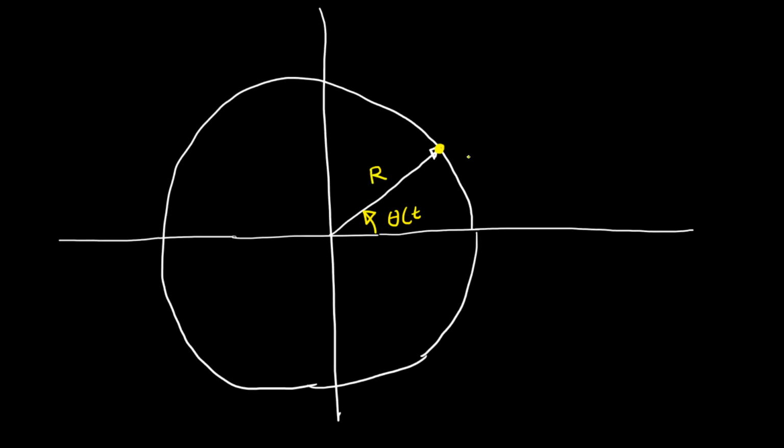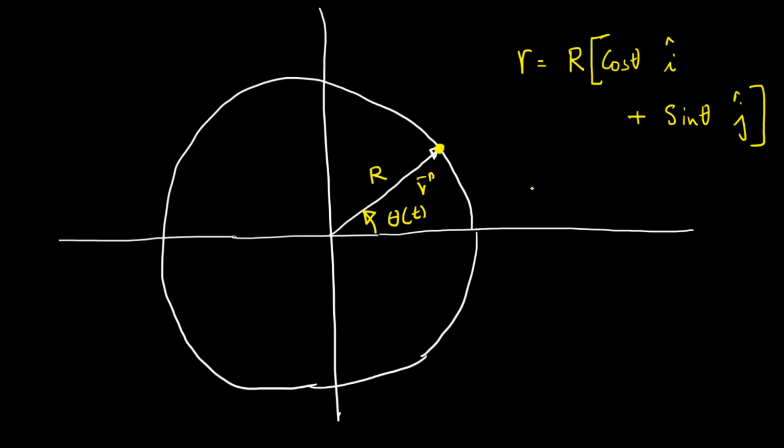So I'm going to write the position vector r pretty comfortably. So r is going to be r at that instant cos theta i plus sine theta j.